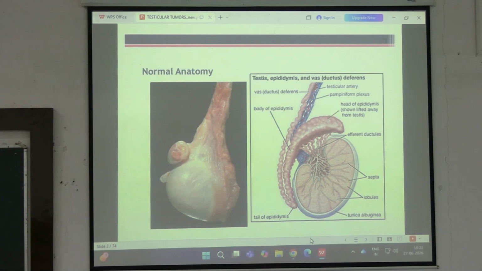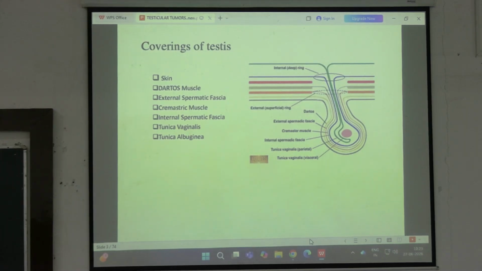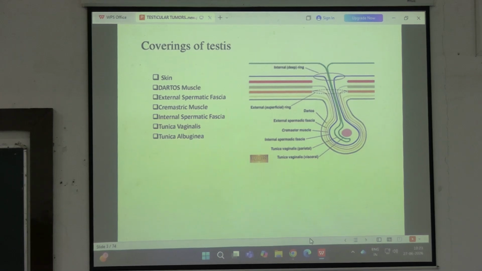So, why was this part important? Because that is how we are going to understand the origin of these tumors. Okay? You would have studied all these things already. We will not go through this.